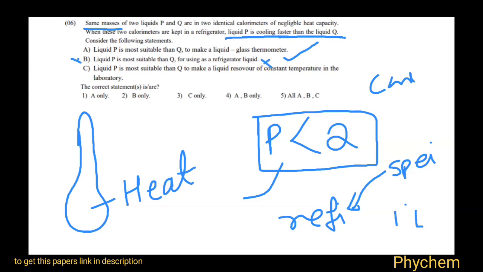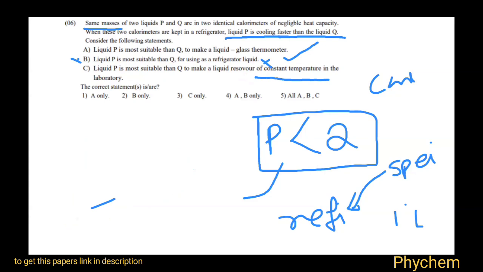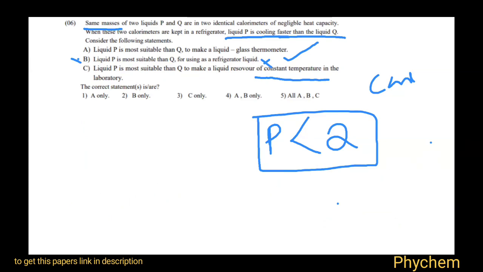So in C, liquid P is more suitable than Q to make a liquid reservoir of constant temperature in the laboratory. Normally, if we need to create a constant temperature reservoir, the heat capacity of the liquid should be high.